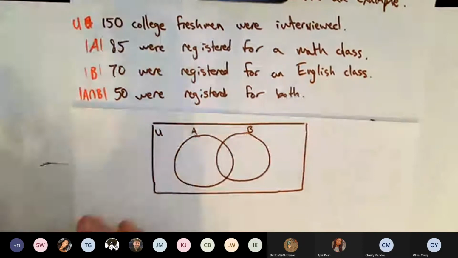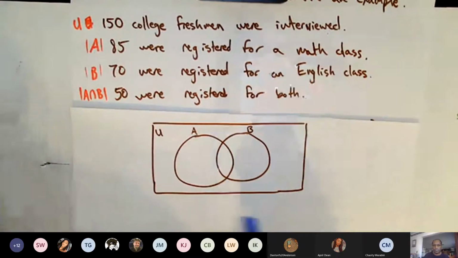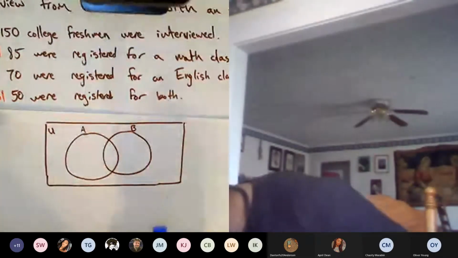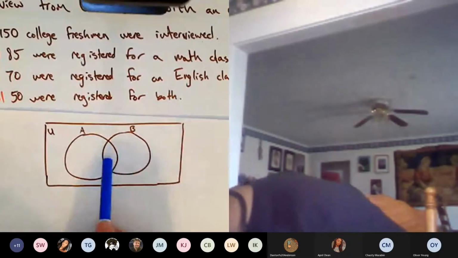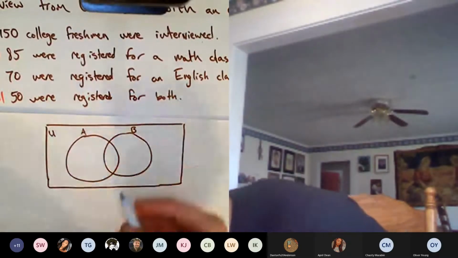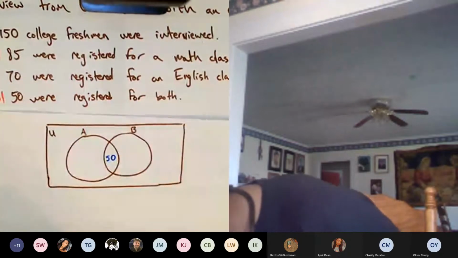We looked at a 3-set Venn diagram on Monday, and in that one, we started from the very center intersection as well. And here, when it's just 2 sets, you still start from the intersection in the middle. So A intersect B, that's 50 right there. No problems with that.